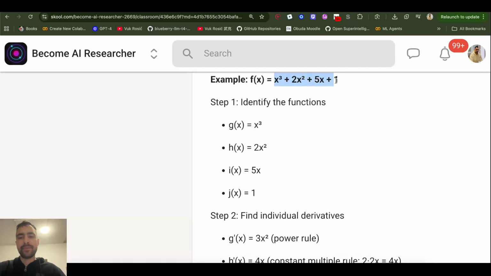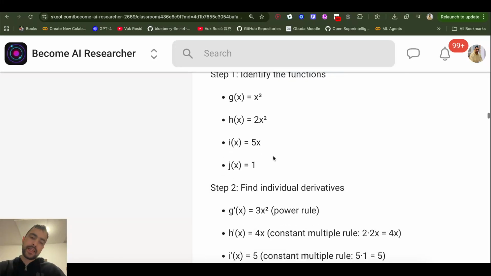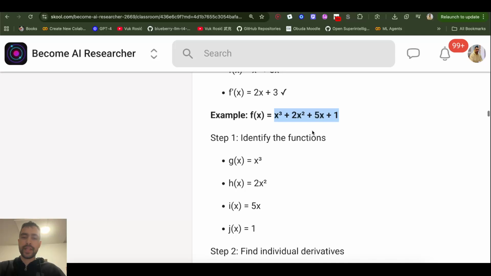Here we have the same example. If you have a lone number, then this becomes 0. Look at it this way: if the constant is next to our unknown x, then that constant just remains, 5 times whatever the derivative of this is.